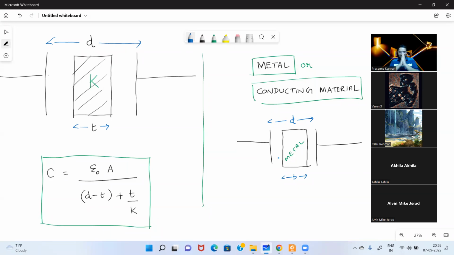In the region where metal is there, inside a metal, the electric field will be 0. Inside a conducting shell, what is the electric field? 0, right? You must have learned this. When lightning is happening, is it safer to be inside your car, or below a tree?